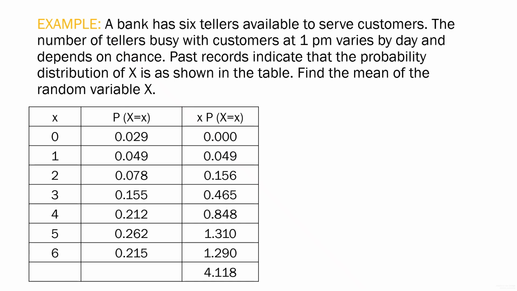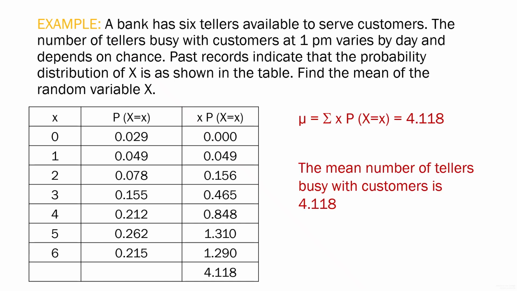All right, so the first thing we need to do is pull up our equation for the mean of a discrete random variable. So here it is. It is equal to mu equals the sum of x multiplied by P(X equals x). Okay, so how do we get this actual answer of 4.118?